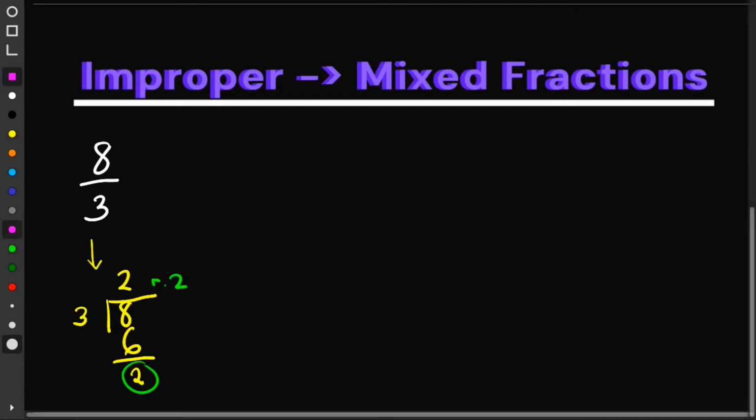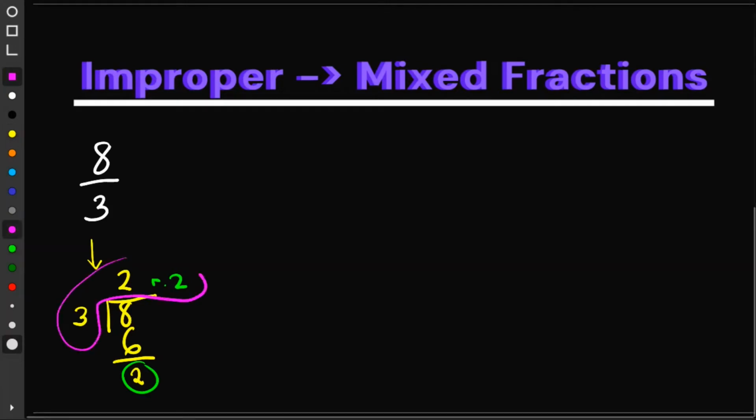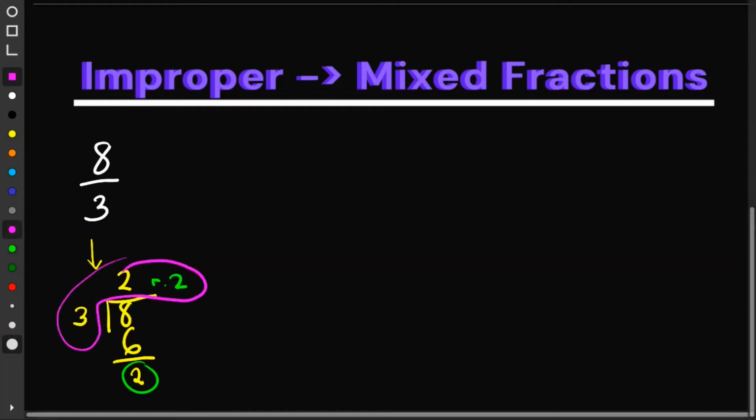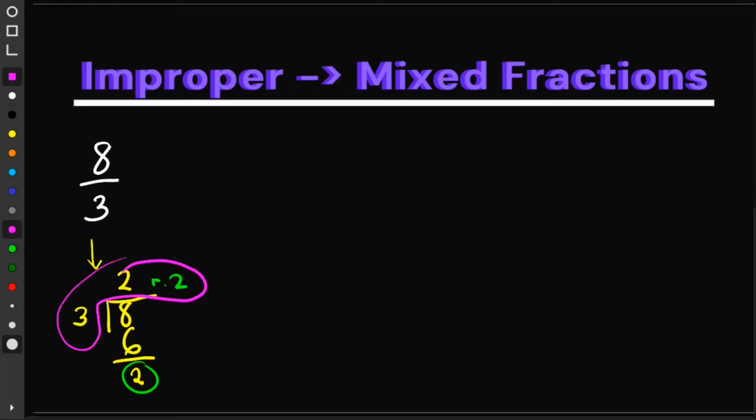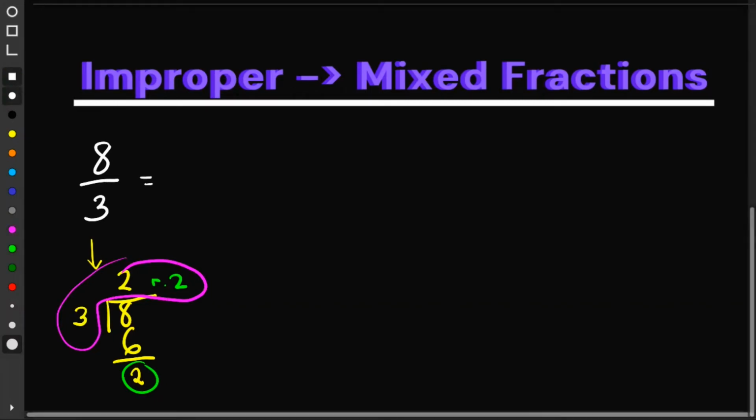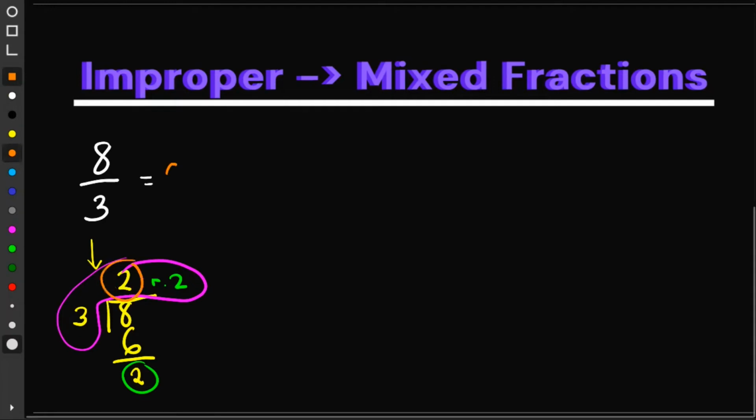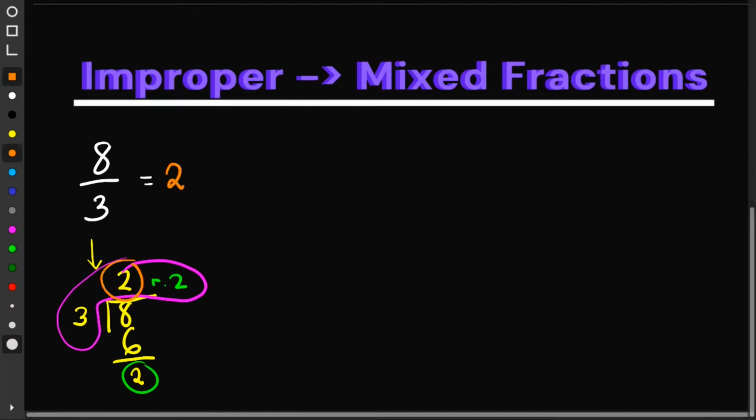Now, given this, we can now write 8/3 in its mixed fraction form. So we have first this whole number out here, is what we put as the whole number in the mixed fraction.